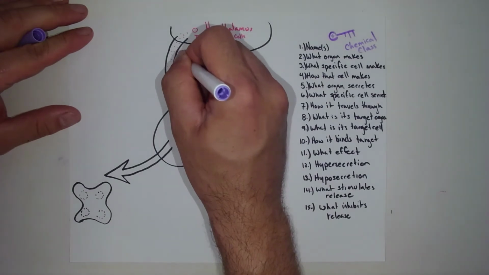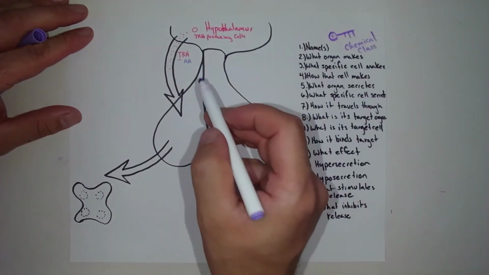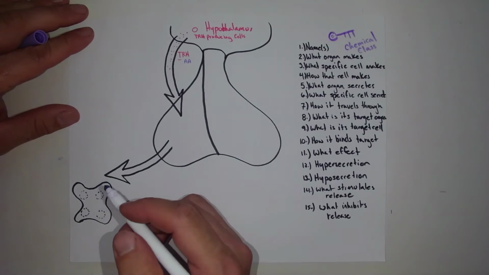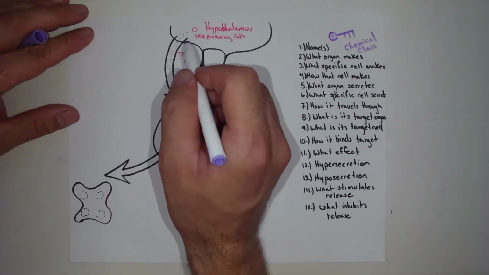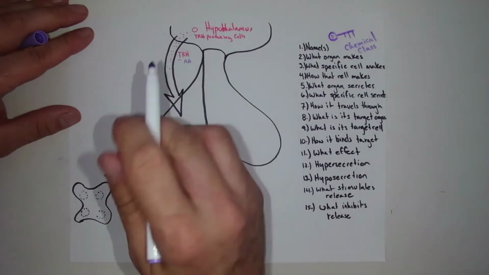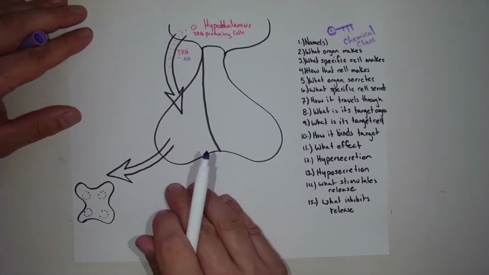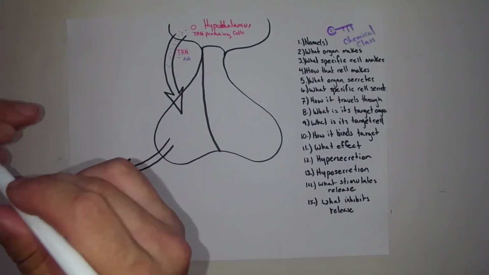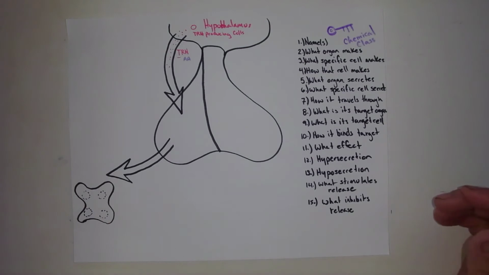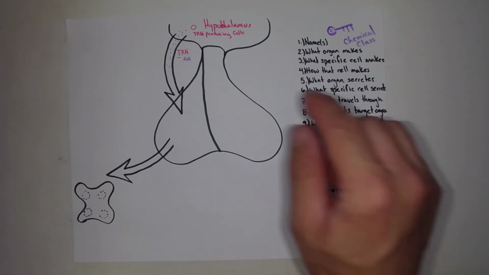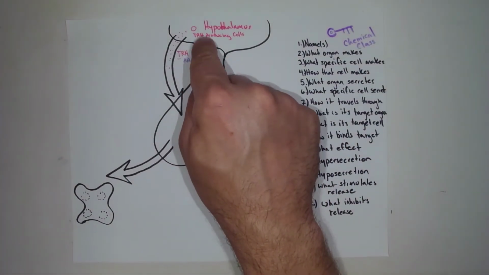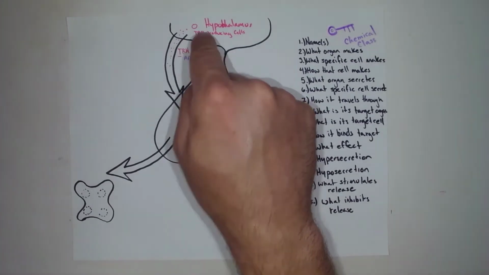This is an amino acid based hormone because it's made in the hypothalamus. Even though it has that word thyrotropin in it, it's not a thyroid hormone. It's not a tyrosine derivative, therefore. Okay? It's not T3 triiodothyronine or thyroxine. No, this is thyroid releasing hormone or thyrotropin releasing hormone.